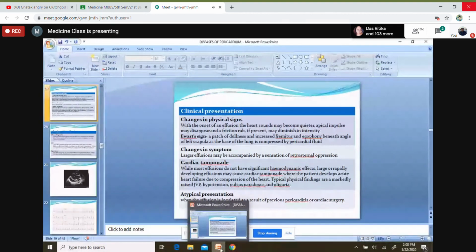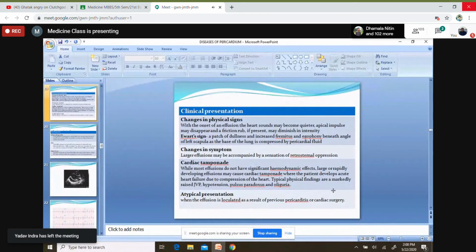If it is less than 10 millimeter of mercury, that is normal. If it is more than 10 millimeter of mercury, then that is called pulsus paradoxus. Okay, so marked rise in JVP, hypotension, pulsus paradoxus, and oliguria, these are the features of cardiac tamponade.